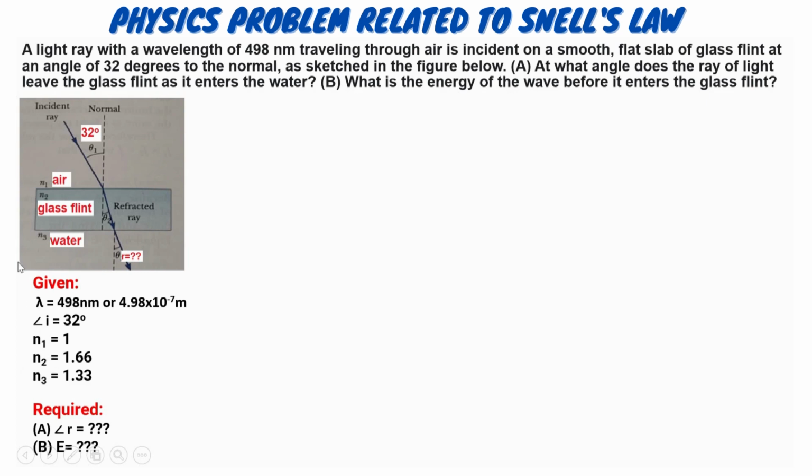For N2, index of refraction for glass plane, 1.66. And for water, our index of refraction is 1.33. And we are asked to find in letter A, angle of refraction when the light ray leaves the glass plane as it enters the water. And for letter B, the energy of the wave before it enters the glass plane.